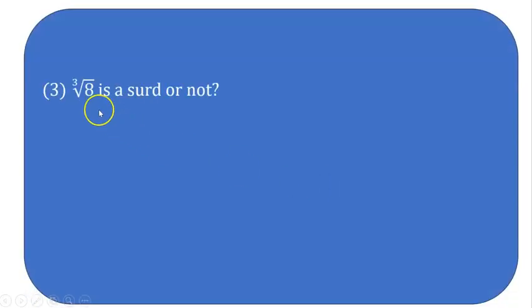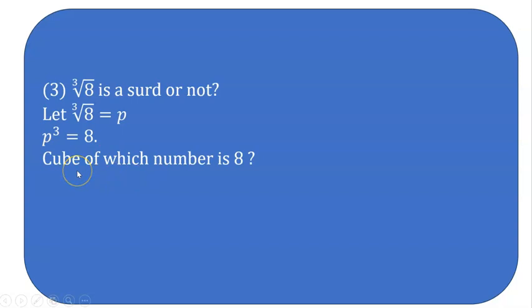Now next, is cubic root of 8 a surd or not? Now here cubic root of 8 is equal to p. If you take cube on both sides, that is p raised to 3. Okay, and the cube of cubic root of 8 is equal to 8. Therefore, you will get here p raised to 3 is equal to 8. Cube of which number is 8?